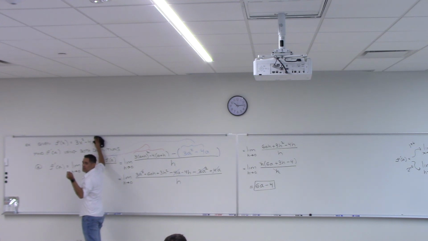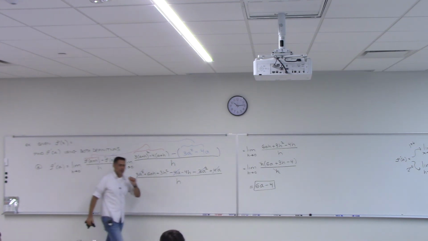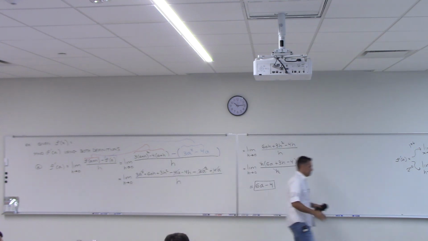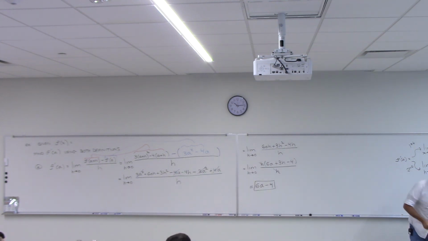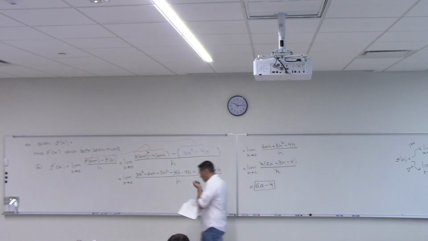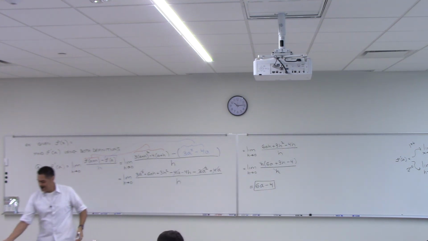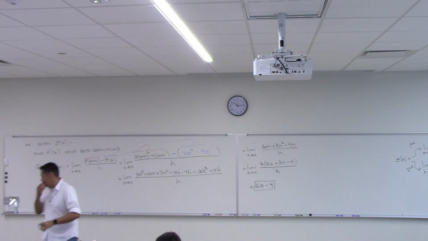We did this when you came yesterday, right? This problem from the homework. This is a really good problem to show the difference between the two. Here, number 4, what is number 4?